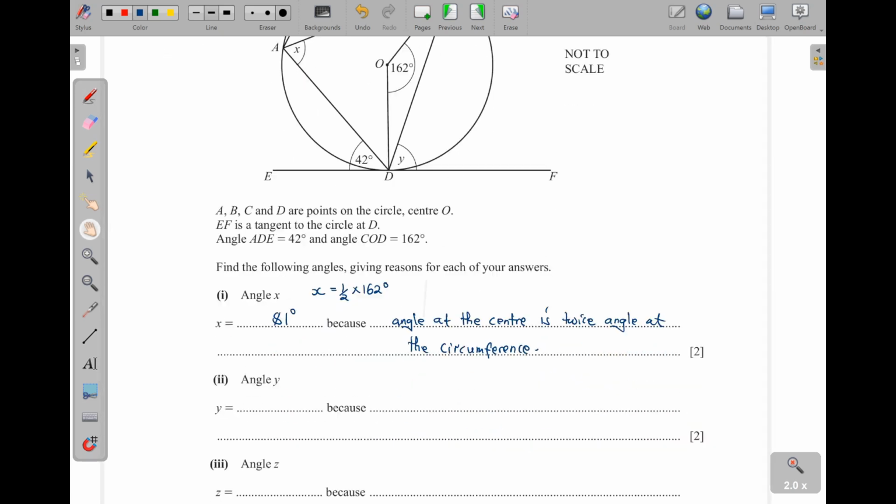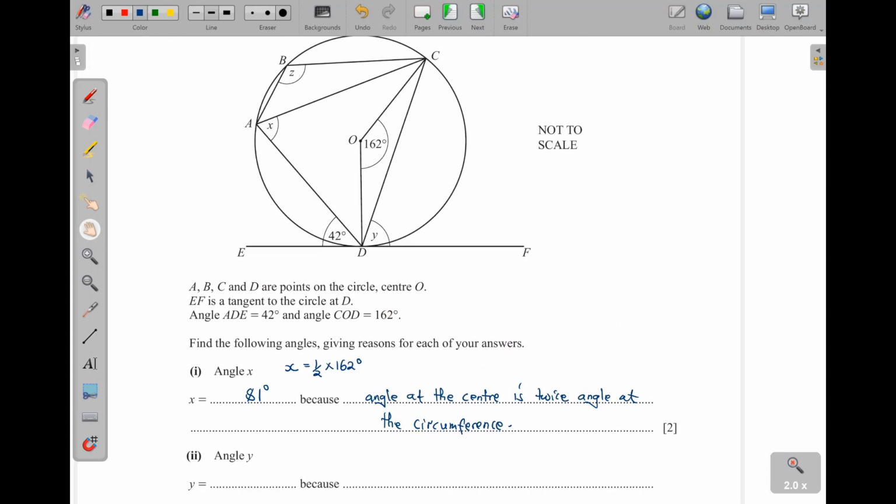Then next, angle y. Let's look at y here. Now angle y here, when you look at the segment within which it lies, and you look at the opposite angle, because this is a triangle formed.